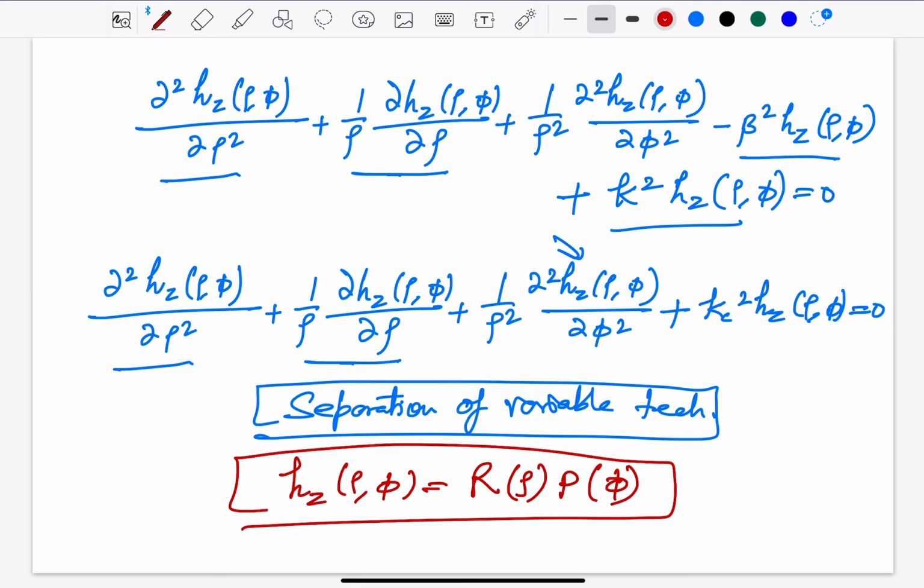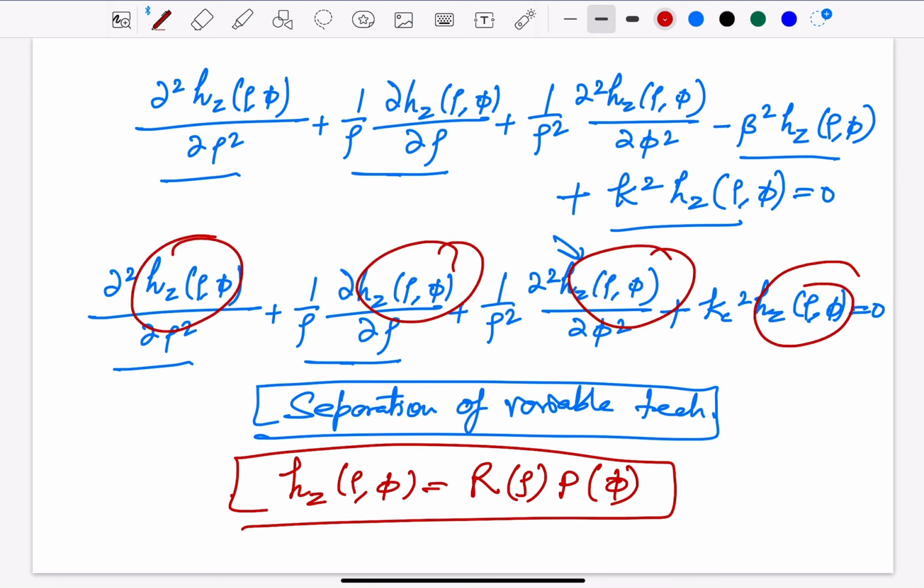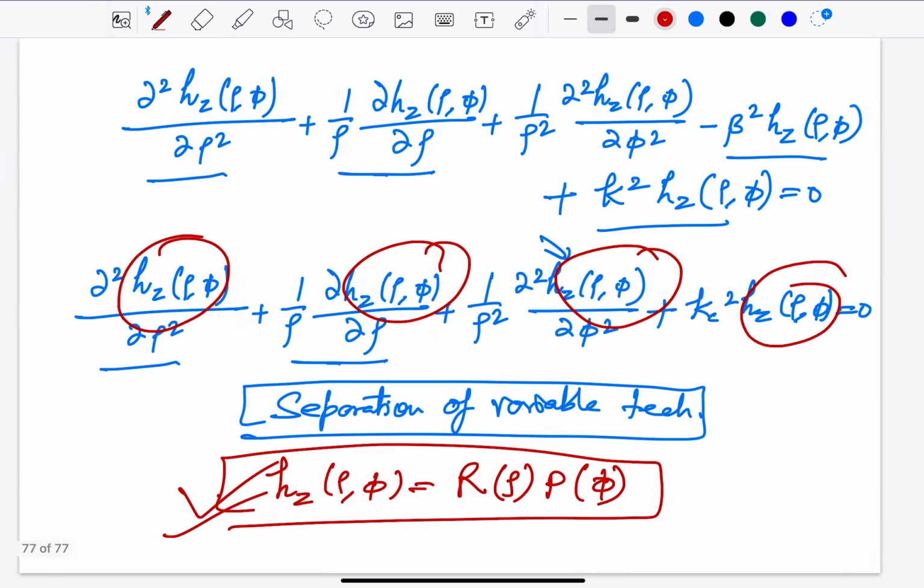Now what we are going to do is replace this Hc with this. So the moment you are replacing that, the equation will be P, a function of phi, and here we'll be having differentiation, not partial differentiation, because we segregated like that.